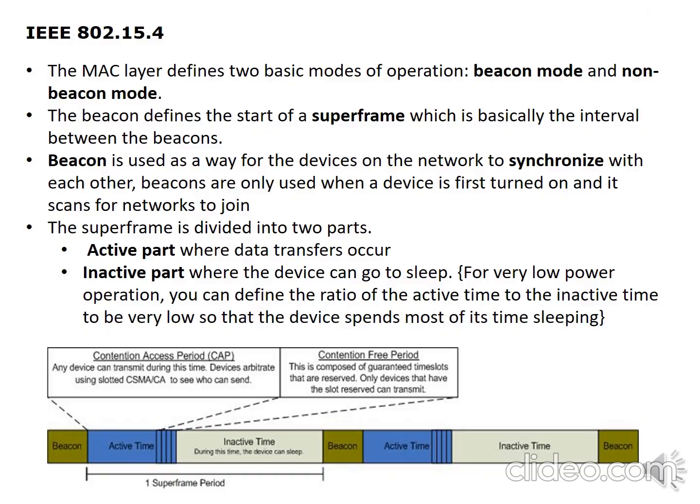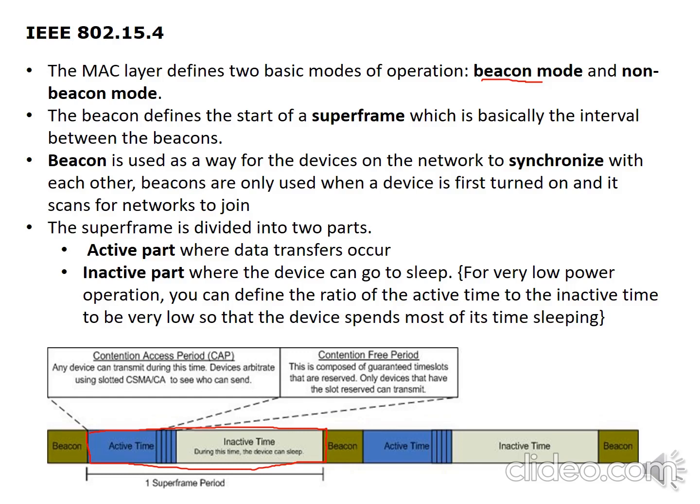The MAC layer defines two basic operation modes, beacon mode and non-beacon mode. This is beacon mode, and the beacon mode is actually the delimiter of the superframe. It means the superframe comes in between two beacon frames.